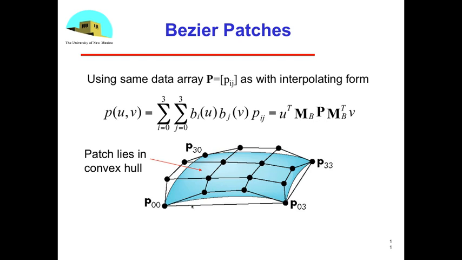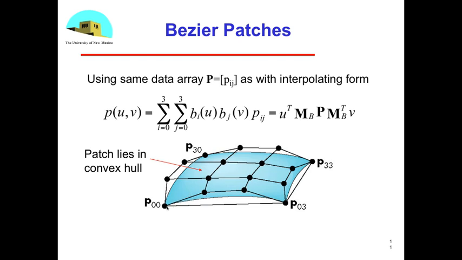So now notice that the patch has the same sort of properties we had with the curve. You interpolate the four corners of the patch. You don't necessarily go through any of the other 12 points, but you can talk about the convex hull of those 16 points, just as we talked about convex hulls earlier.